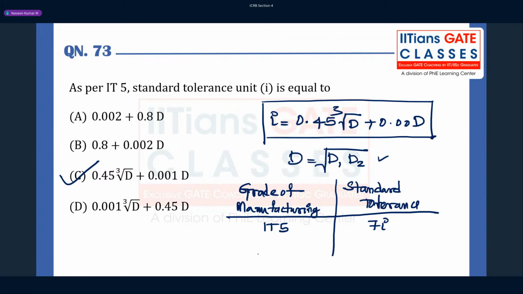If you are going for IT6, it is 10I, 10 into I you have to calculate. If you are going for IT7, it is 16I. Like that, you have so many. IT8, you have 25I. IT9, you have 40I. IT16 is 1000I. It's a simple formula. It won't even take 2 seconds to answer if you know the formula. If you do not know, there is no way you can answer this. Okay, you have to remember this formula. Good, remember it. Next.